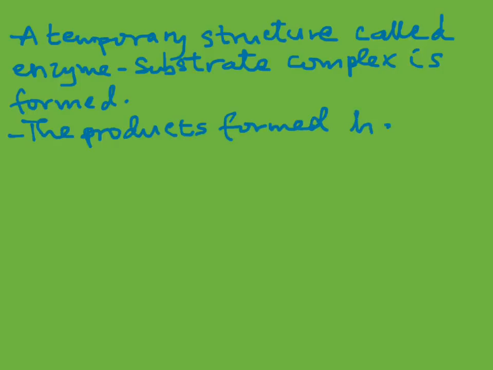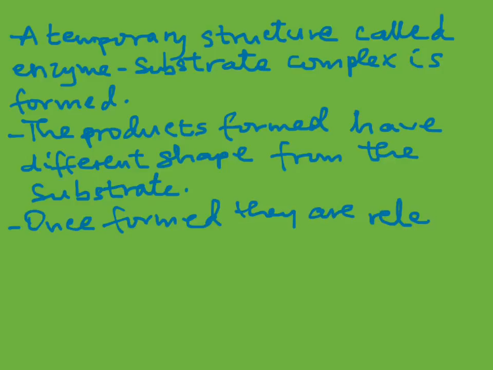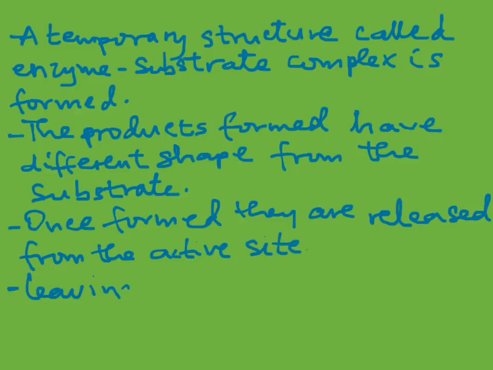The products formed have a different shape from the substrate, still under the lock and key hypothesis, because the product formed has a different shape to that of the substrate.